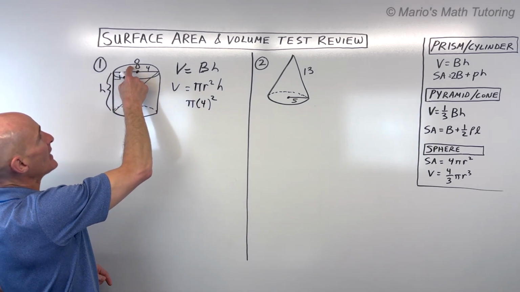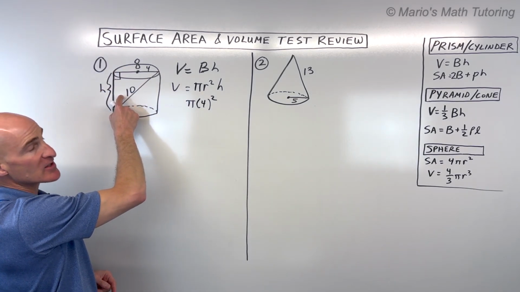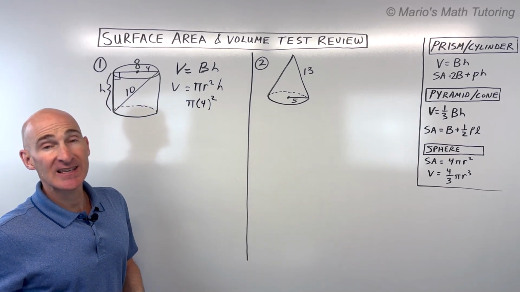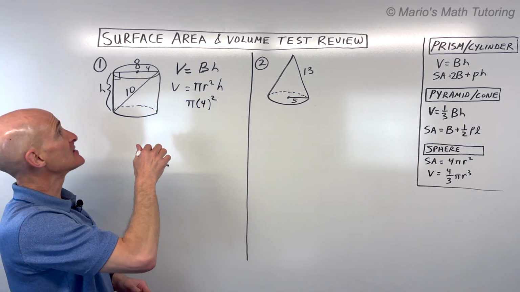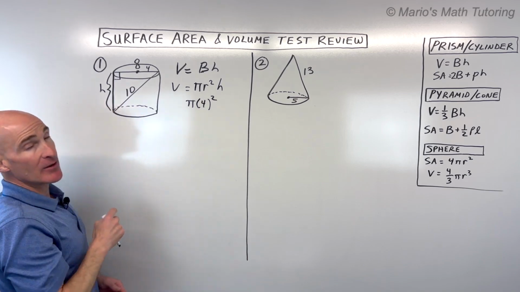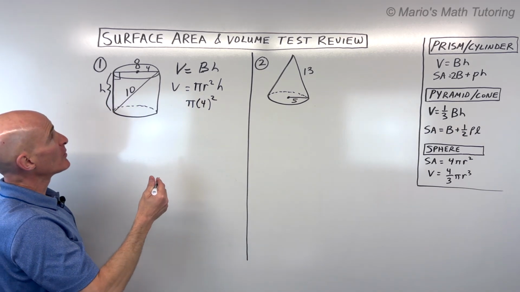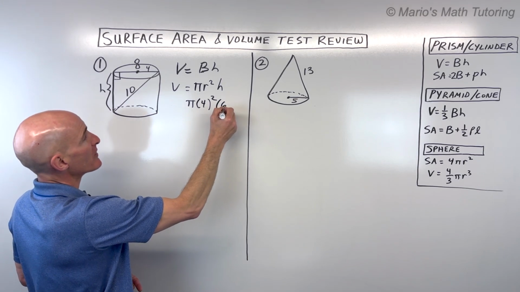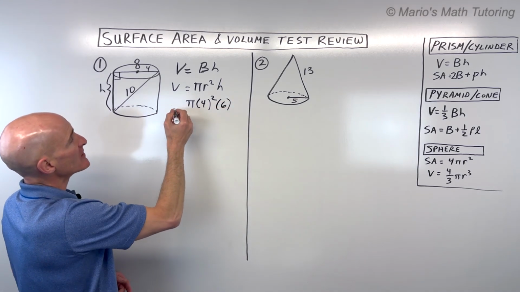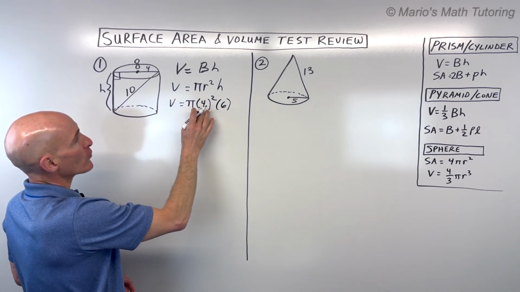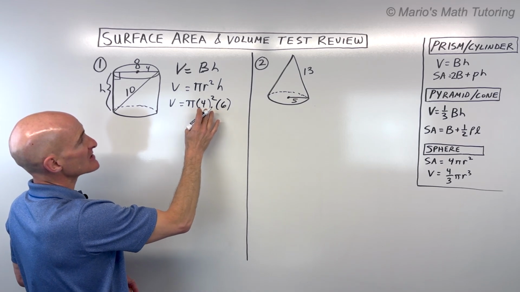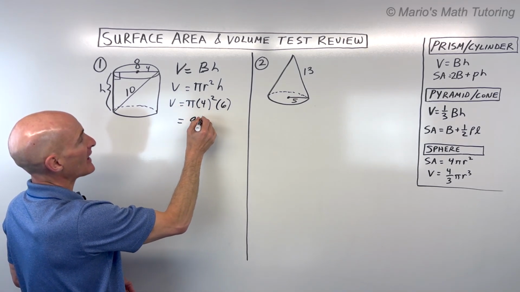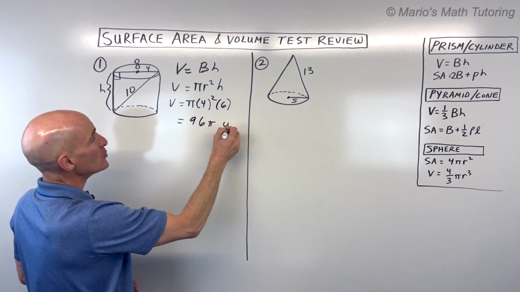I could say 8 squared plus h squared equals 10 squared, or if I recognize this as a Pythagorean triple, this is a 6, 8, 10 Pythagorean triple. So a couple different ways to do that, but this height is going to come out to 6. And so then 4 squared is 16, times 6 is 96 pi. So we're getting 96 pi units cubed.